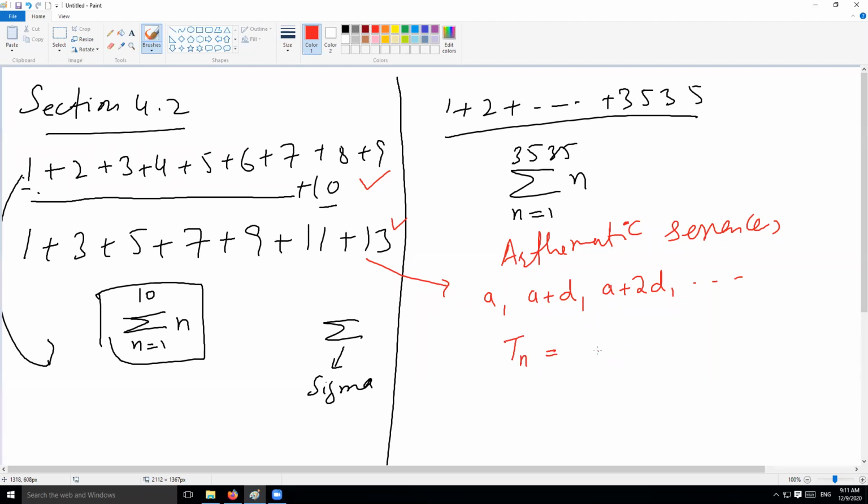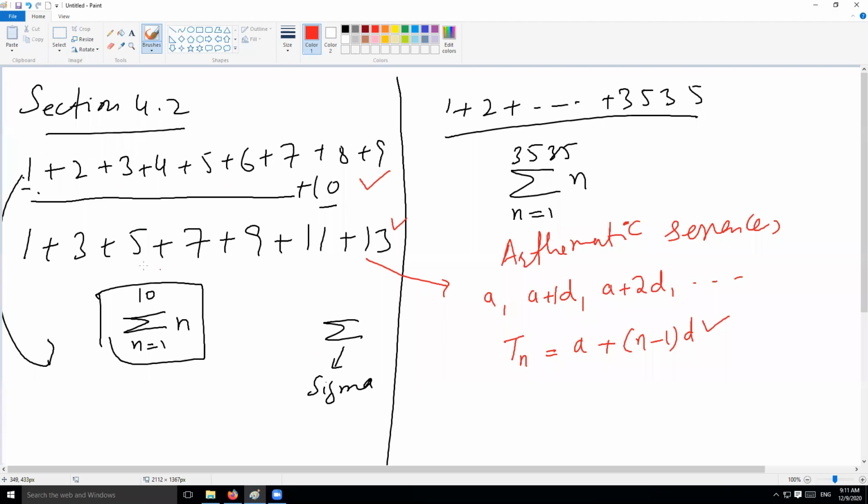We can see that the second term is A plus 1D and the third term is A plus 2D. So the nth term must be A plus (n minus 1)D actually, okay? So this is really the recipe to find the general term of an arithmetic sequence.